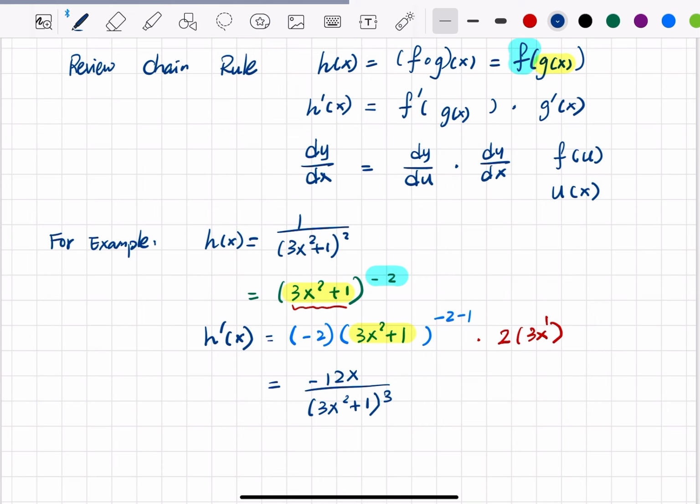You can see that when we have a chain rule, we always have an inner function and an outer function. When we take the derivative, we take the outer function and do whatever we want, but the inner function stays the same. And then we multiply by the derivative of the inner function. And that is the concept for the substitution.